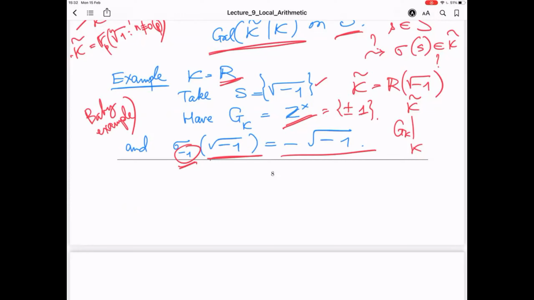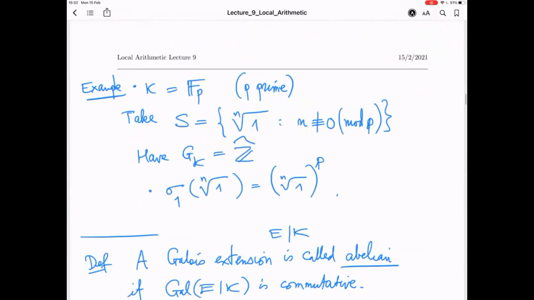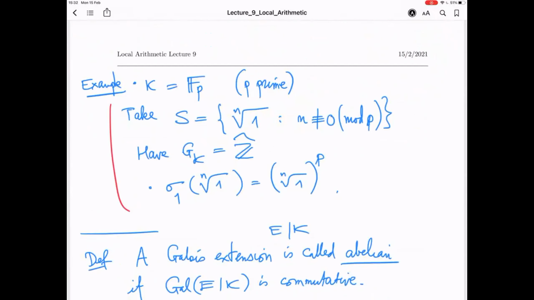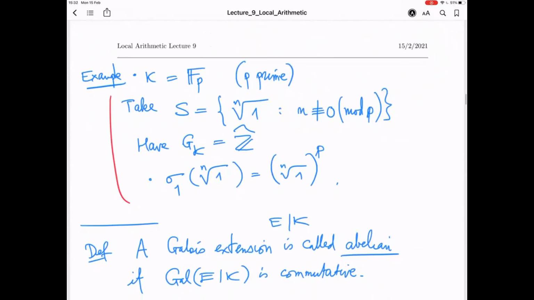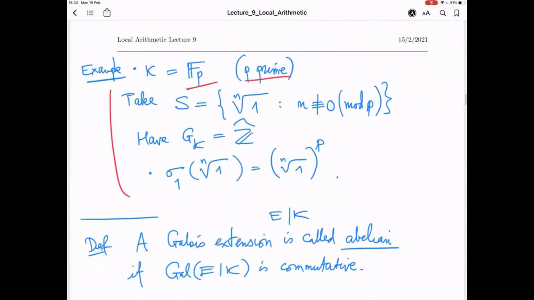Okay, this is a very simple example, but here is something which is slightly more interesting. When you take your field K to be Fp, where p is some prime, then all this requires proof. It's not as if this is obvious.